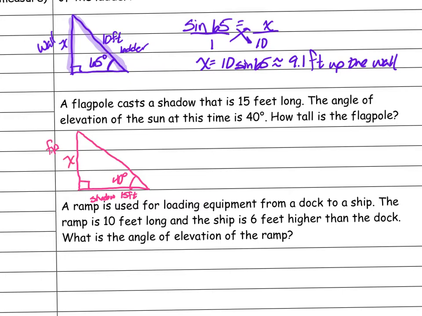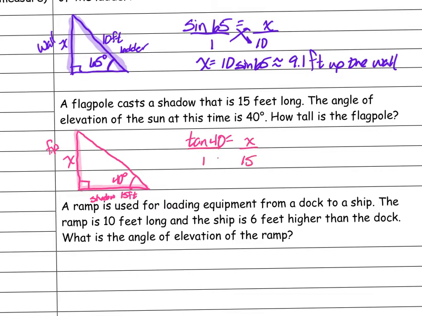So there's my information. What do I have? Well, I have the side opposite and I have the side adjacent. I do not have the hypotenuse this time, so that means that I'm going to use tangent. So that means tangent of 40 is going to equal x over 15. There's my equation.